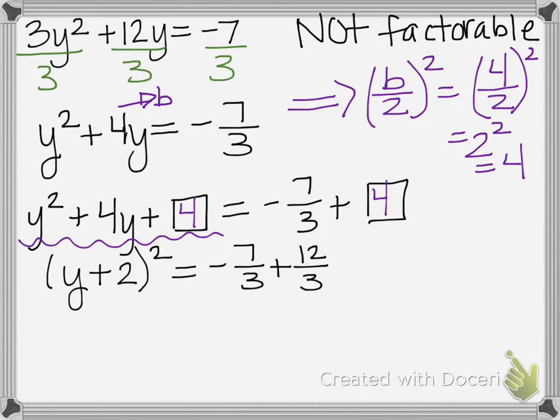All right, now, real quick, let's make sure we understand how to get that number in the binomial squared. When you are doing your b over 2, this step right here, when you simplify what's inside the parentheses, so I got 4 over 2, the number you get before you square it, whatever is inside your parentheses right here, in this case it was a 2, that is the same number that is going to go right there.